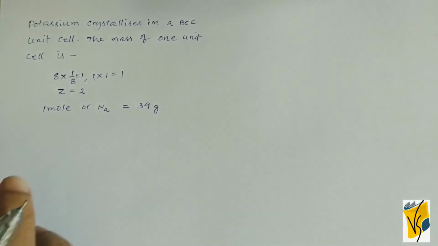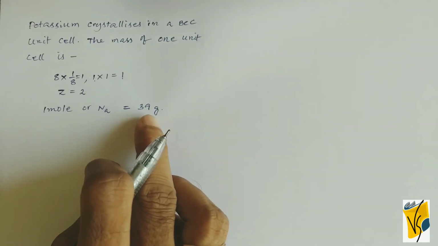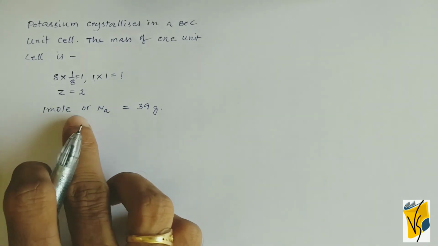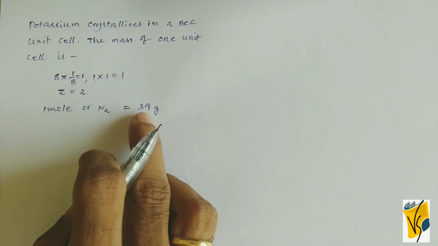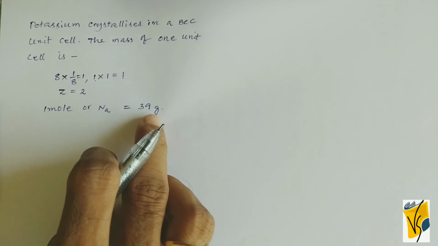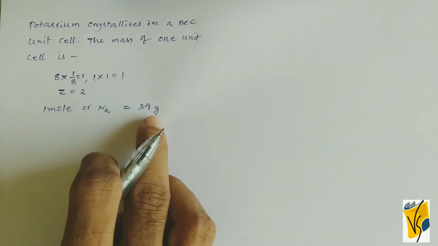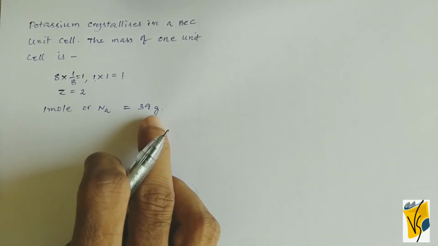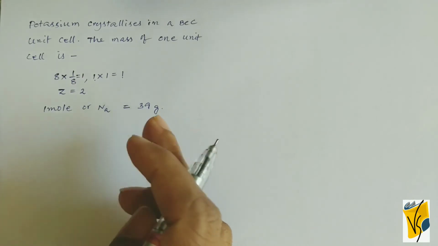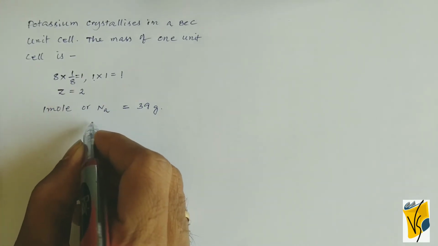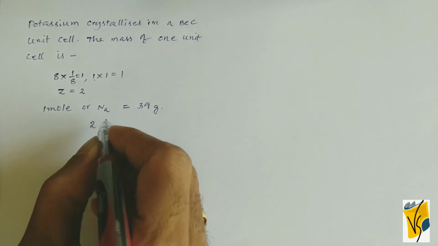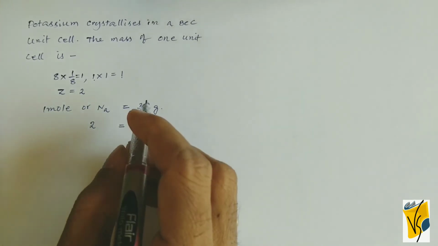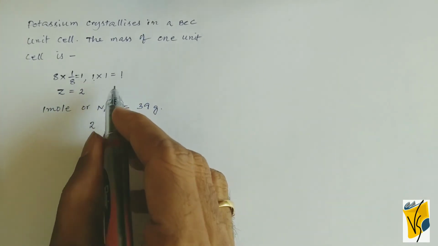So this is nothing but the molar mass of potassium. 1 mole of potassium has mass 39 gram, or Avogadro number of atoms will have the mass 39 gram. So 2 atoms, that is nothing but the mass of 1 unit cell.